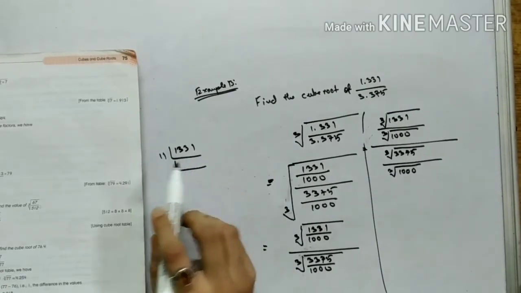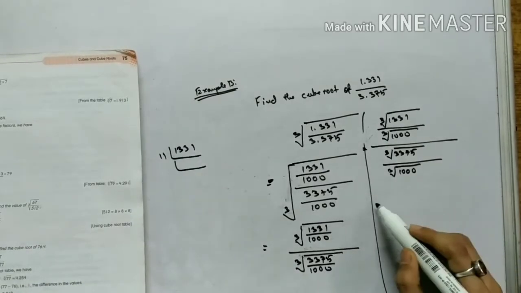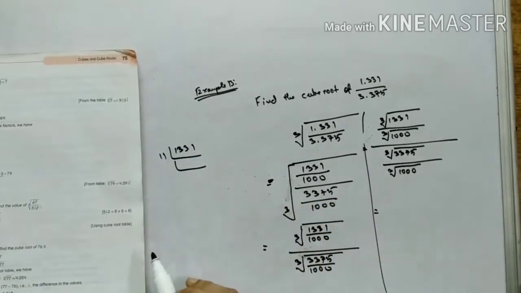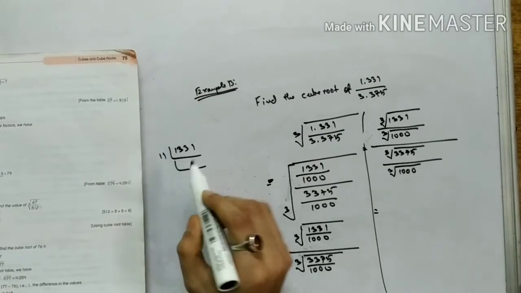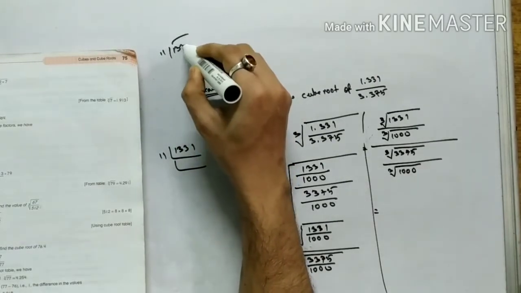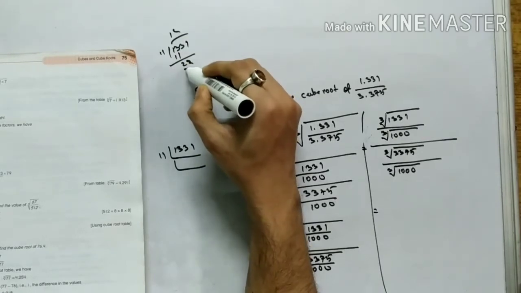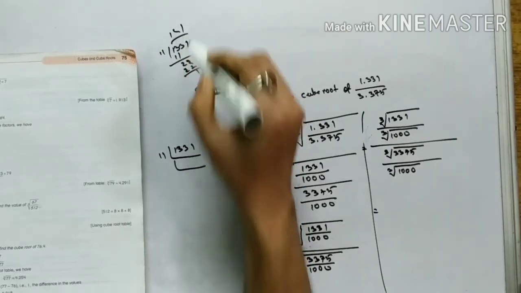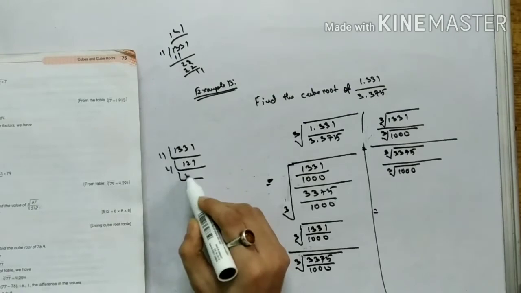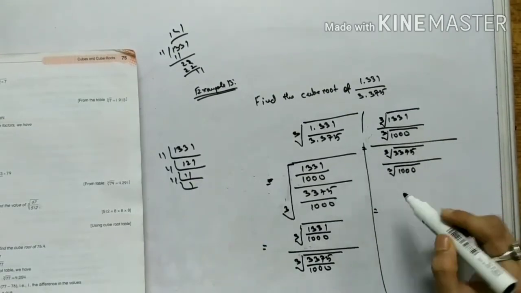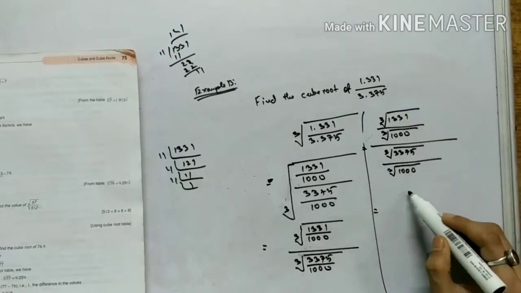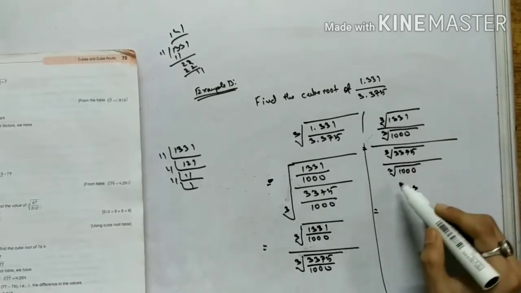this is 11. So in here you remember one thing, that you can take out the prime factorization, no problem. This is 11, it will go 1331, 11 times 121, 11 times 11. So this one 1331 is 11 cube.